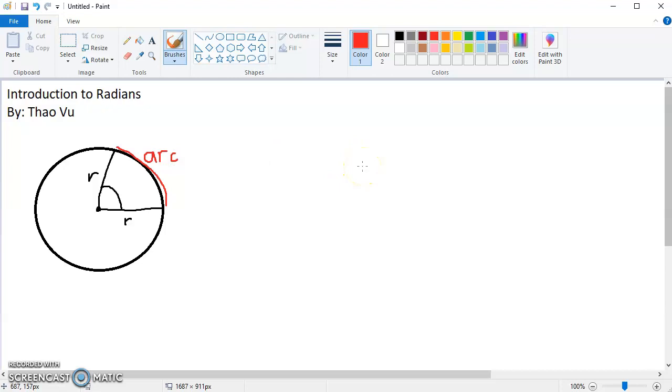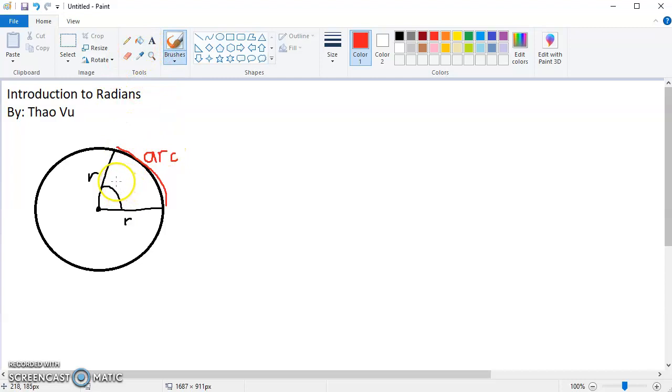So when the arc is the same length as the radius, that makes the angle 1 radian. So in order for there to be a radian, the arc length has to be the same as the radius.